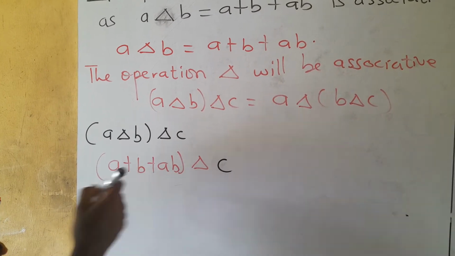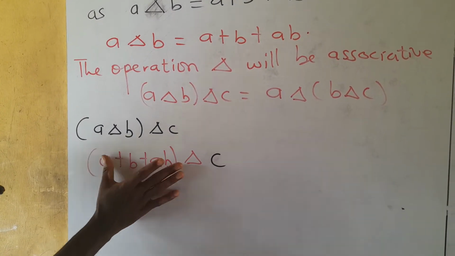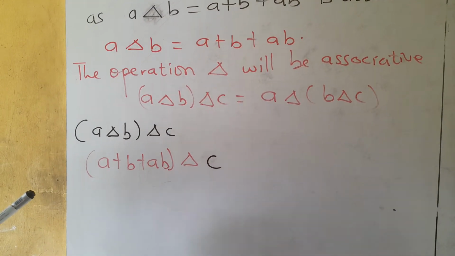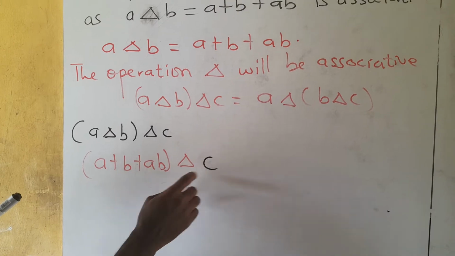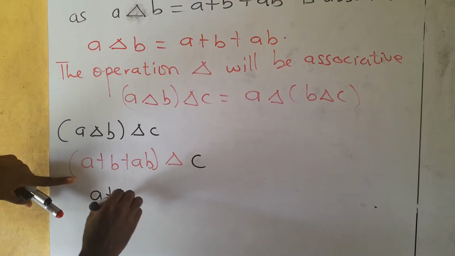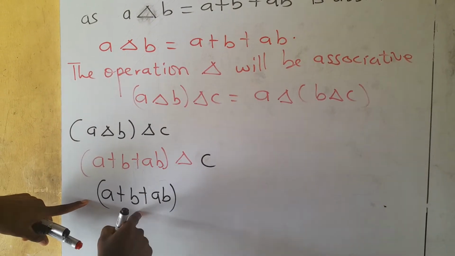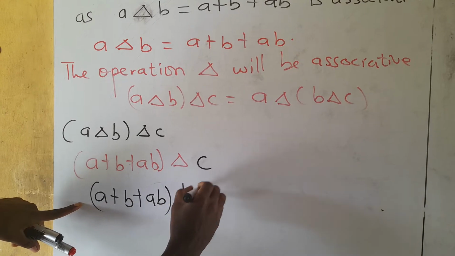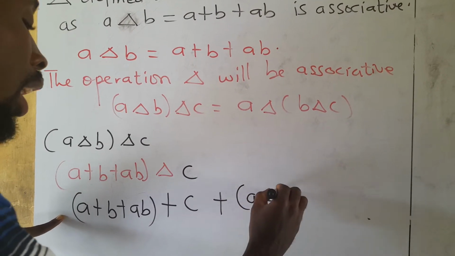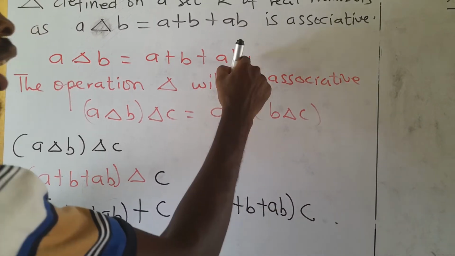So this will be treated as one, like all this as A and this as the B. So (A plus B plus AB) delta C will be this, that's A plus B plus AB as the A, plus C as the B, then plus (A plus B plus AB) times C as the B.